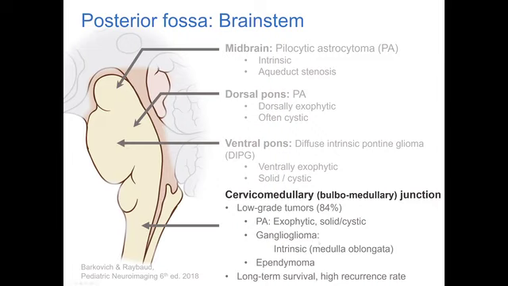So when you look at a tumor in this location, you should think about pilocytic astrocytoma or ganglioglioma. The difference between them is that pilocytic astrocytoma tends to be more exophytic, more solid and cystic, and ganglioglioma might be more intrinsic. They might have some expansile appearance, but not exophytic to the CSF space.